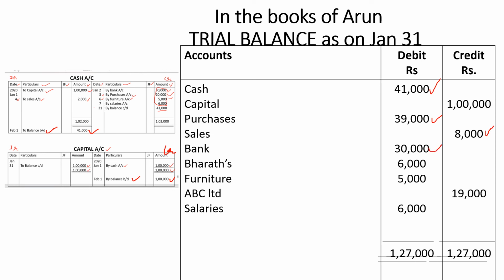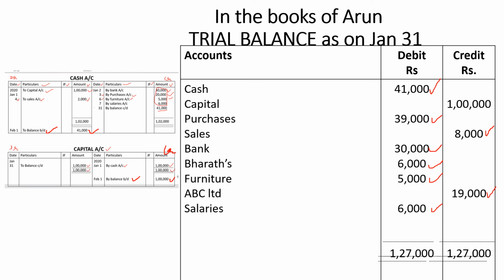Then the bank account 30,000 debit balance, Bharat's account debit balance, furniture debit balance we got, ABC Limited it is a credit balance we got, and salary 6,000 debit balance. Likewise, now 1,27,000 is the total.